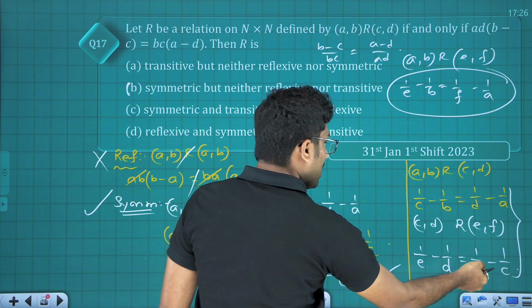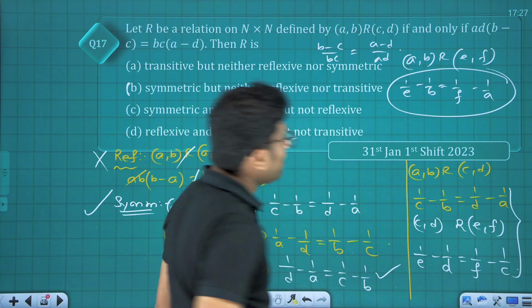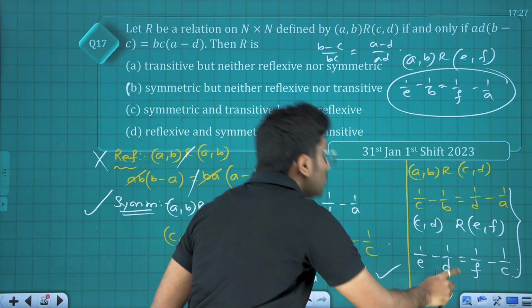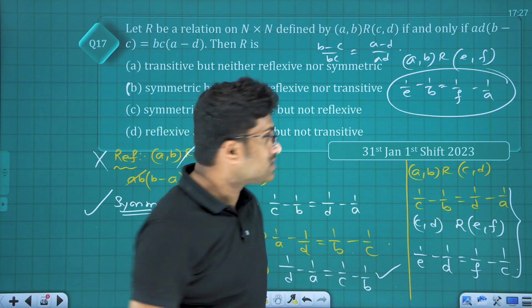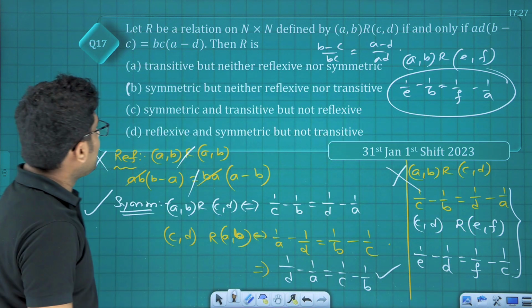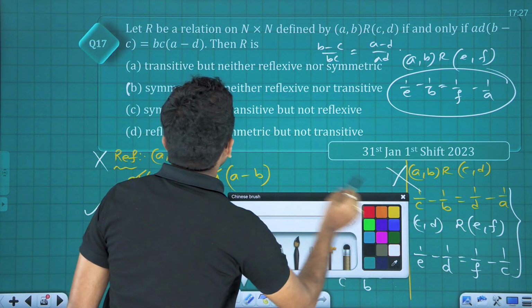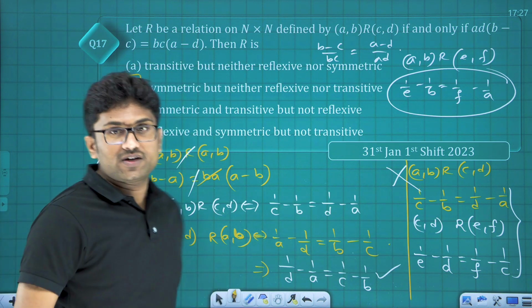If I add these two, no, we will never get this. So from these two, we can never conclude this particular equation. Hence, clearly it is not transitive. Therefore, the relation is only symmetric but neither reflexive nor transitive. It is option B, friends.